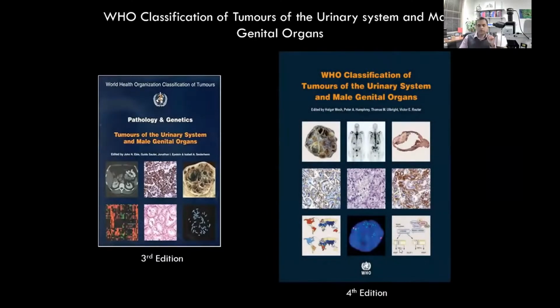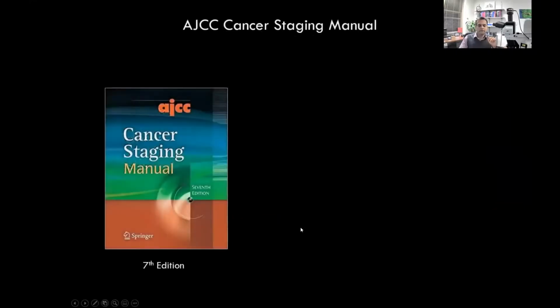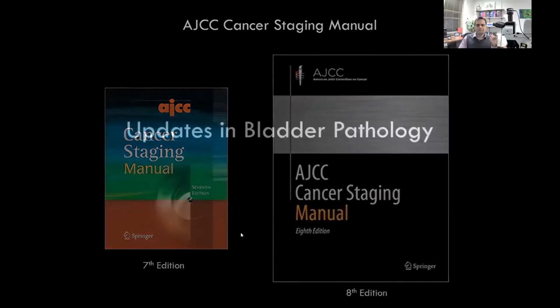In addition, I will also be talking about staging updates in these carcinomas. These staging updates, as most of you know, happen mostly between the publication of the 7th edition of the AJCC Cancer Staging Manual and the 8th edition of the AJCC.